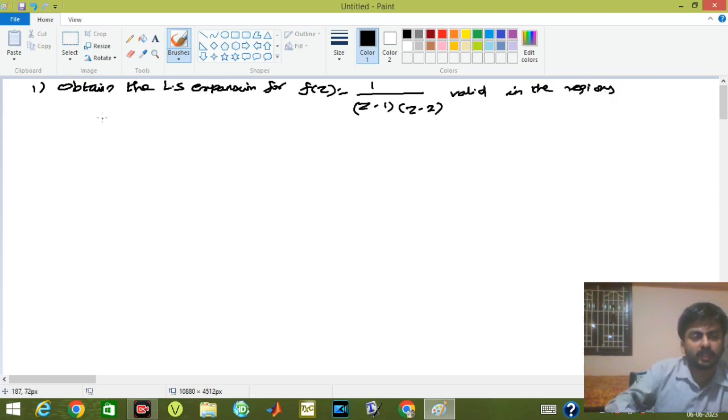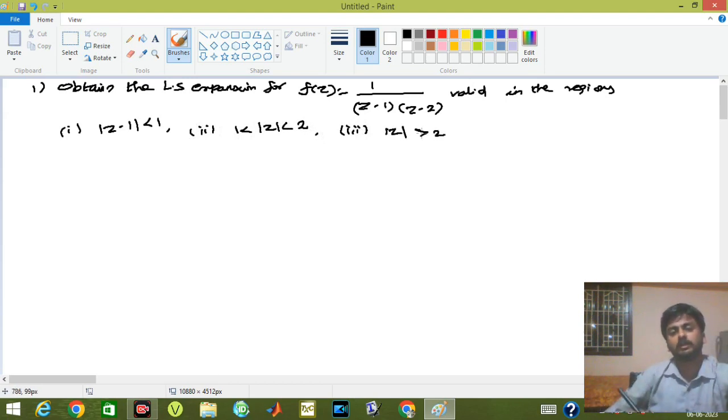First question is modulus of z minus 1 less than 1. Second question is 1 less than modulus of z less than 2. Third condition is modulus of z greater than 2. So first we shall discuss this problem and we shall discuss another problem also.